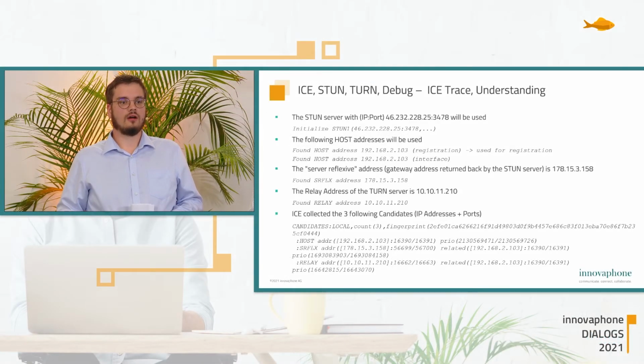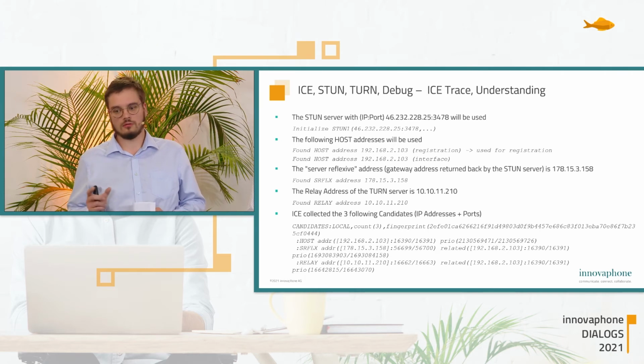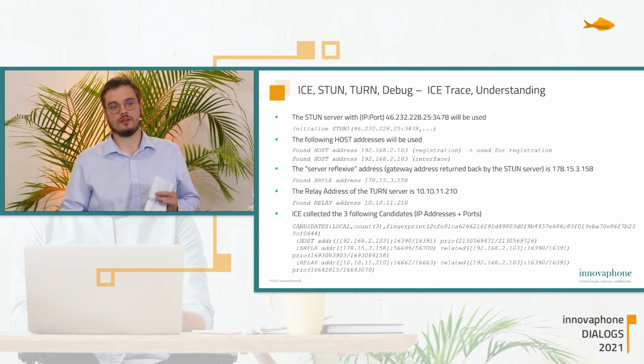And then we are starting to gather and collect all the information. So basically, I know all of my IPs, my public one, my local one, and my relay one, and we are summing up everything into a summary, which is called candidate local. Local means this is my own IP address. We have different IPs, of course, for the RTP and the RTCP, so you will see different IPs and different ports.